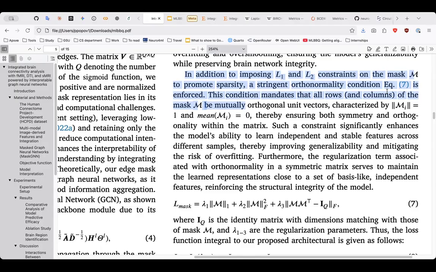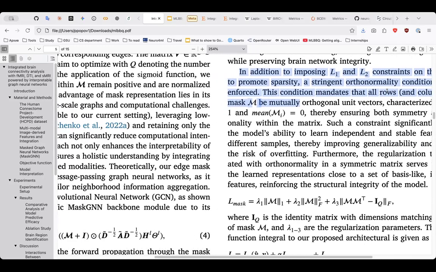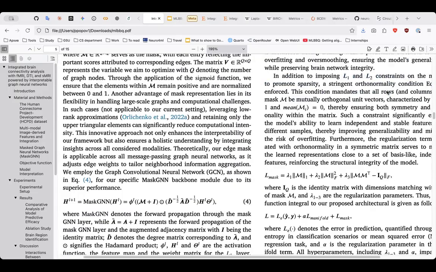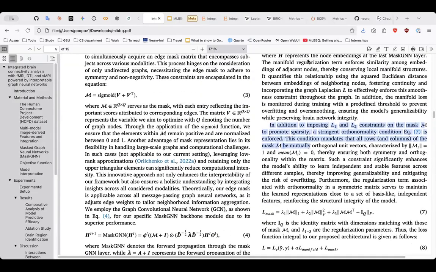M equals M transpose. You just reset. Also, orthonormality is usually forced like that, or you have to optimize on a Stiefel manifold, etc. I don't see how this works, where IQ is the identity matrix with the mask M and regularization parameters. They don't look like regularization parameters, but again, furthermore, the regularization term associated with orthonormality.